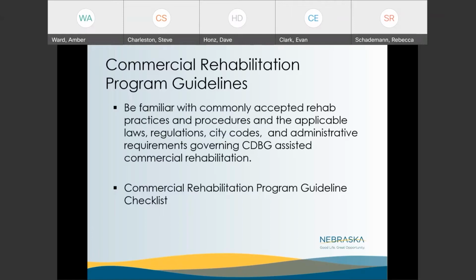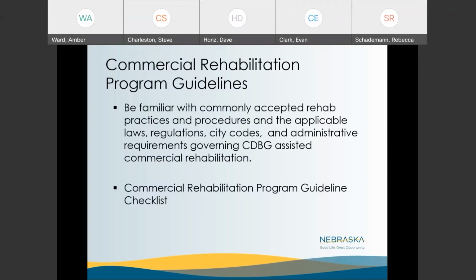So to begin with, obviously you're going to become familiar with rehab practices and procedures and the applicable laws and regulations, city codes, and administrative requirements that govern CDBG commercial rehab activities. In the application guidelines and in the new Amplifund system, when you submit an application for the downtown revitalization category, there is a program guideline checklist that identifies the various thresholds and requirements.